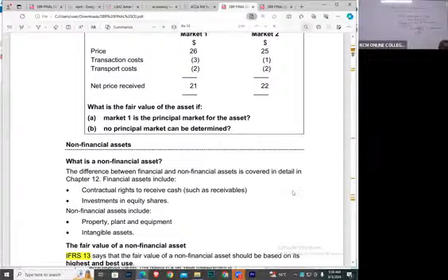Financial assets are the ones where you will easily get your cash, like receivables and investment in equity shares. Non-financial assets include property, plant, and equipment, and intangible assets.